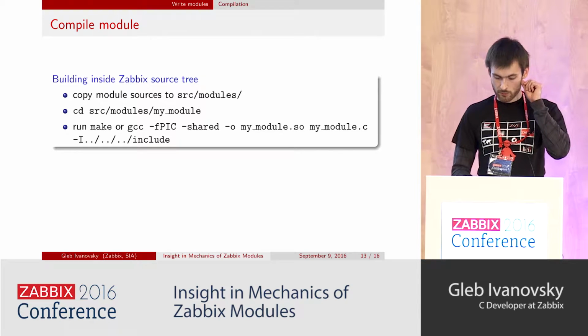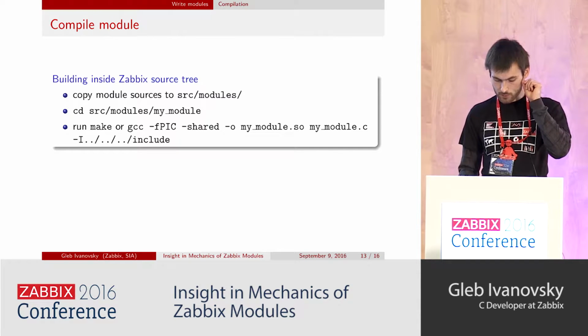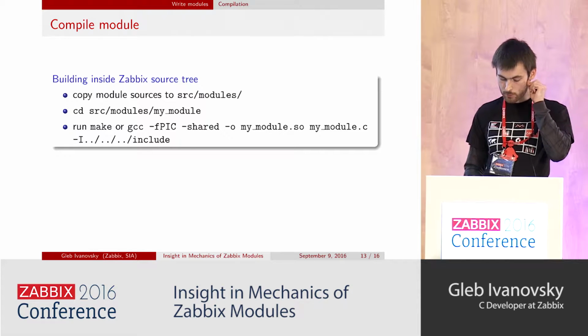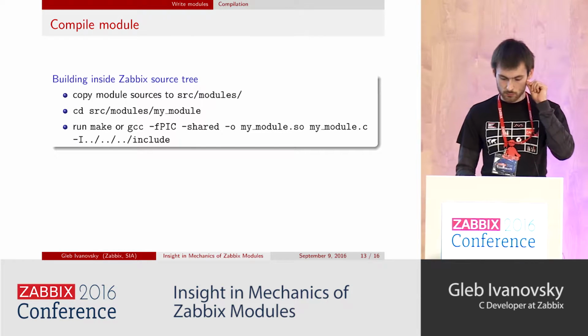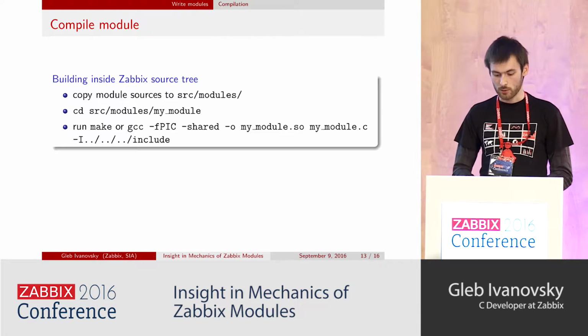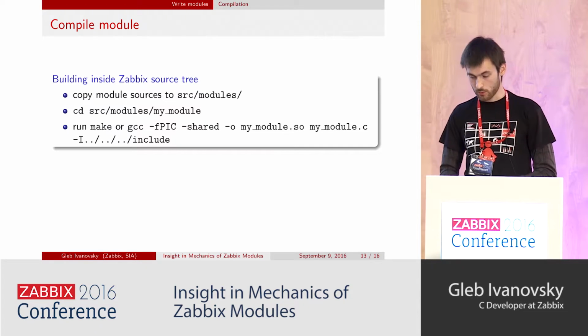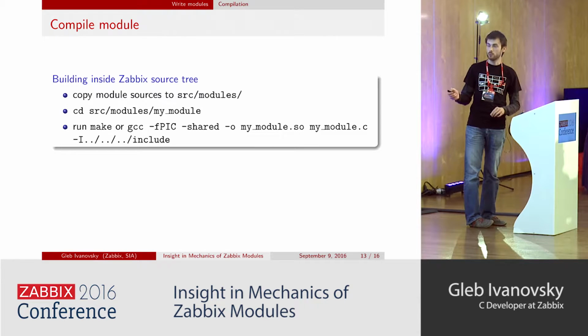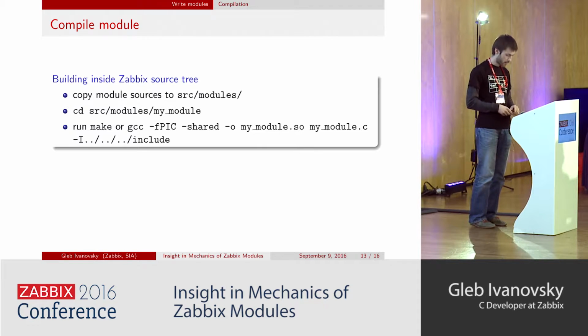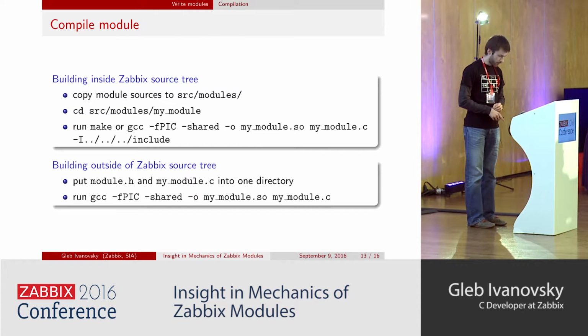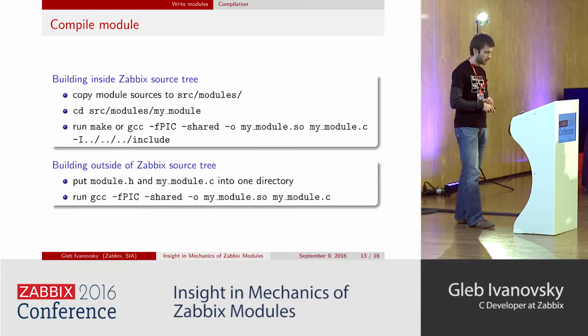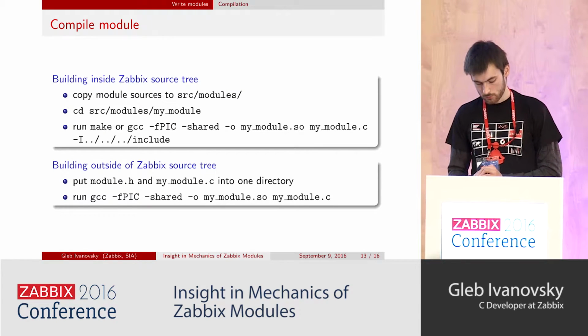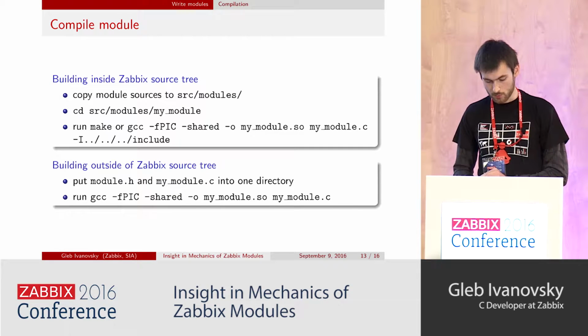We provide compiler flags to make a position-independent code, and we make a shared library, and it will be named mymodule.so. If you build outside, it's even simpler, provided that module.h is in the same path as your module code. Basically the same commands.